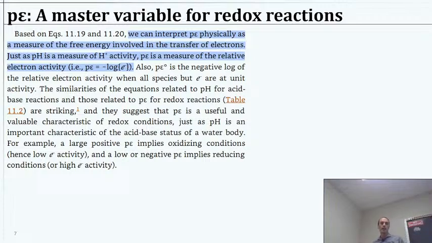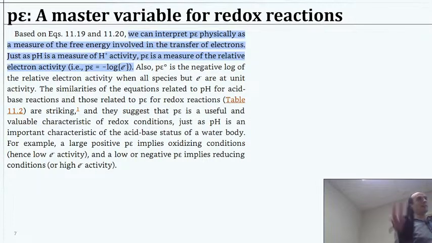Physically, we can interpret this as the measure of free energy involved with the transfer of electrons. And just like pH is a measure of the activity of H, this PE value is a measure of the relative electron activity.